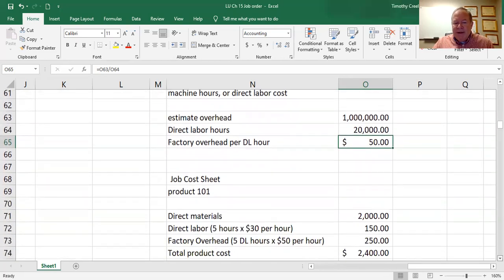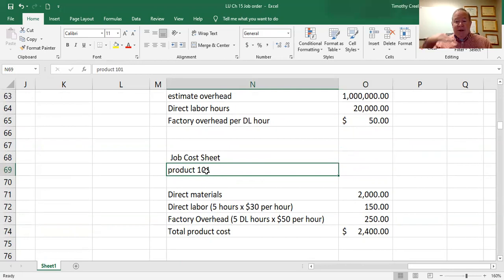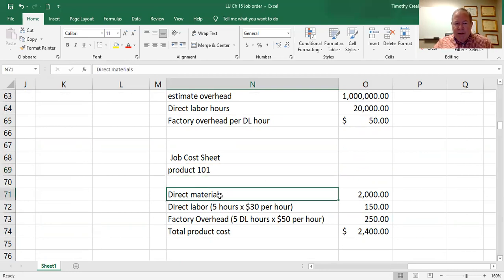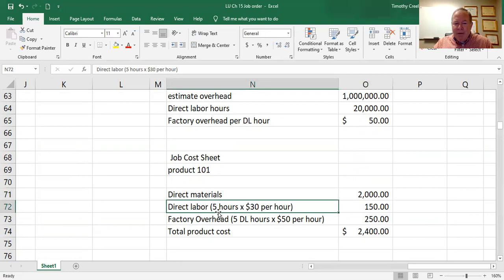And one other thing I wanted to say is if we were doing a job cost sheet, which is a sheet that keeps up with the cost of every job as it's being completed. So if we had product 101, we had direct materials of 2,000. We had direct labor of 5 hours at $30 an hour, so we'd charge it $150 of direct labor.